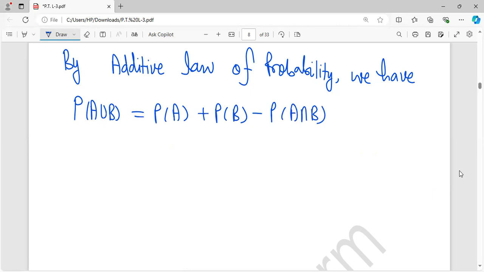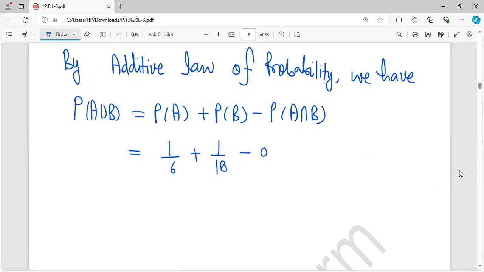So P(A) is 1 upon 6, P(B) is 1 upon 18, and this is 0.